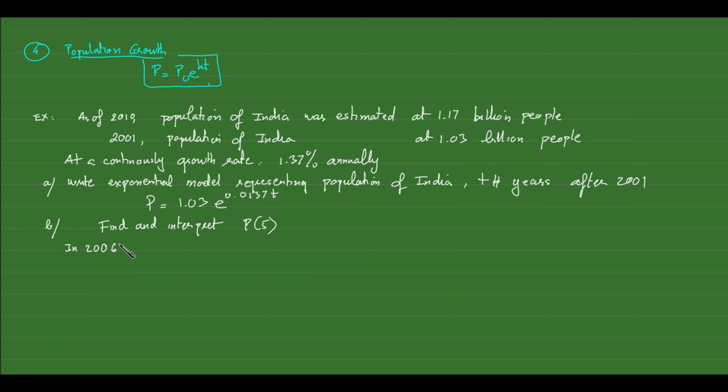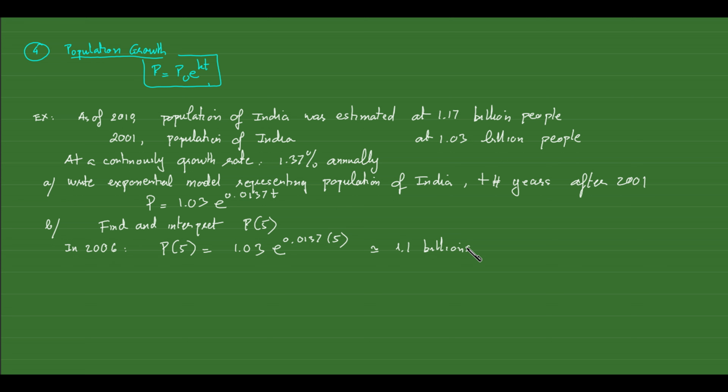P of 5 will be equal to 1.03 e to the 0.0137 times 5, which gives you around 1.1 billion. So in 2006 it is around 1.1 billion.